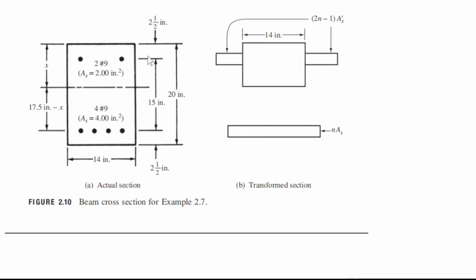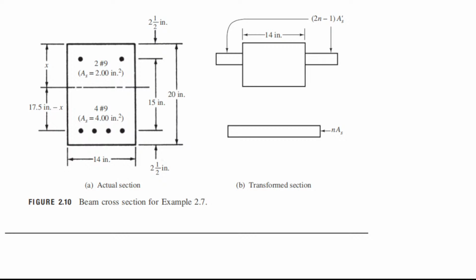So that is the distance. If you are looking at the moment of this area, we need area prime times 2n minus 1. What is 2n? n is 10, so 2 times 10 is 20, 20 minus 1 is 19. So 19 times A prime, that is the area, multiplied by x minus 2.5, because x minus 2.5 is the distance from this point to this point, and that is the moment arm.